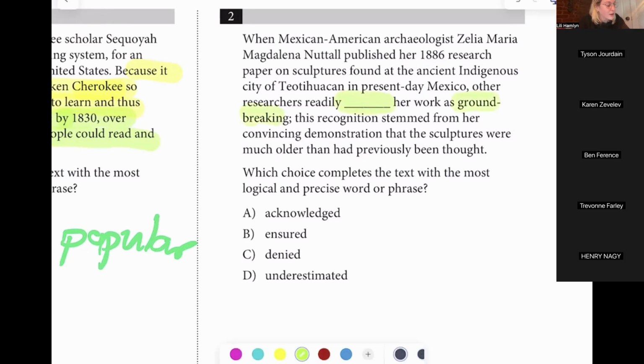And then I think the real key here is recognition. So maybe we even come up with recognize. Often you can use the language in the passage as your context clue. So if we want something that's recognized, we know that underestimated doesn't make sense. Neither does denied. Neither does should. So here we would want acknowledged. Really good job, everybody.